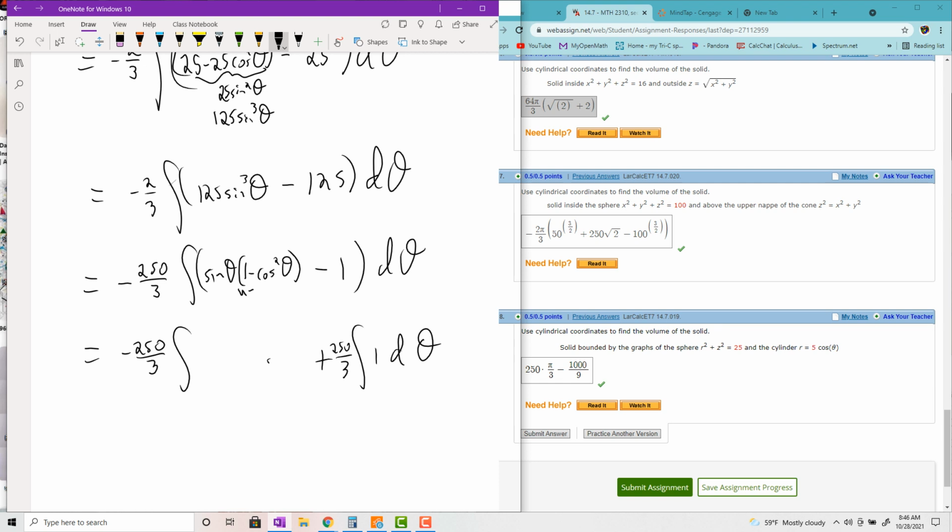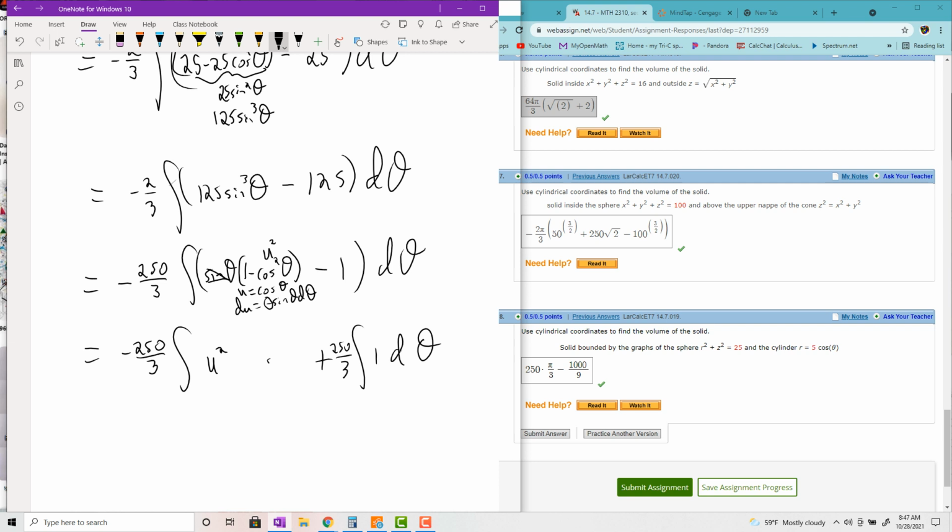Then doing a u sub here on cosine, du would be negative sine theta d theta, and plugging that in, this sine right here is going to cancel. This will become u, and then there's a negative floating around. So instead of 1 minus u squared, it'll become u squared minus 1.